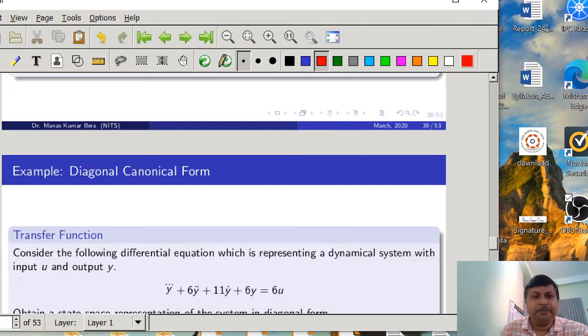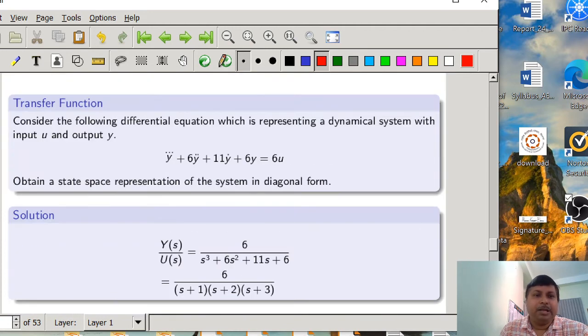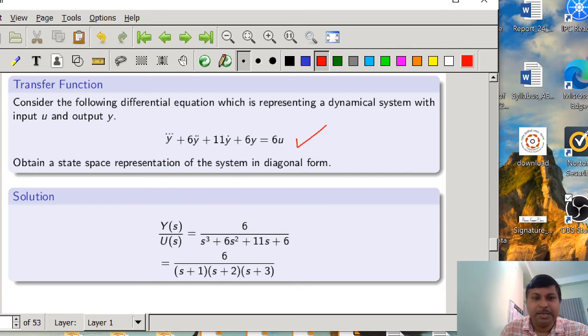To understand it, we have taken a small example. Suppose a third order system is described by a third order differential equation where y is the output and u is the input. It is a SISO system. The transfer function can be represented as Y(s) by U(s) is 6 by s cubed plus 6 s squared plus 11 s plus 6, which can be factorized as s plus 1 into s plus 2 into s plus 3.